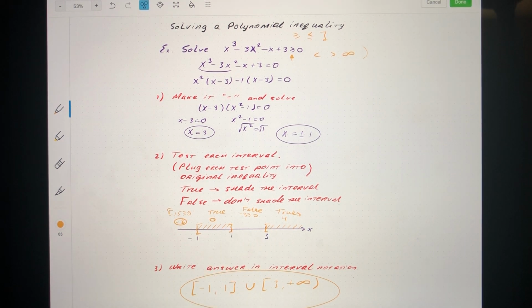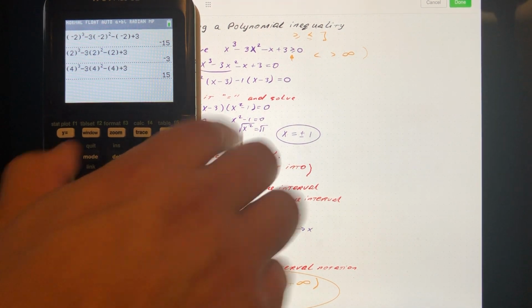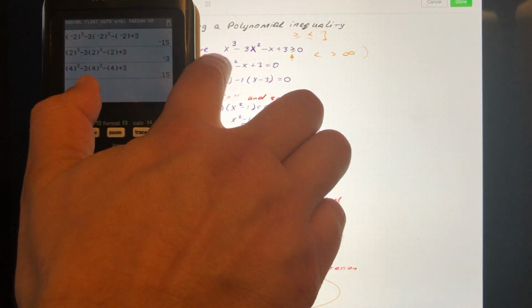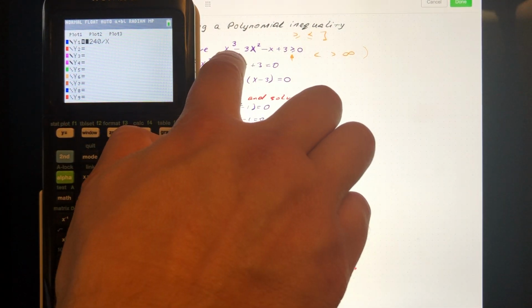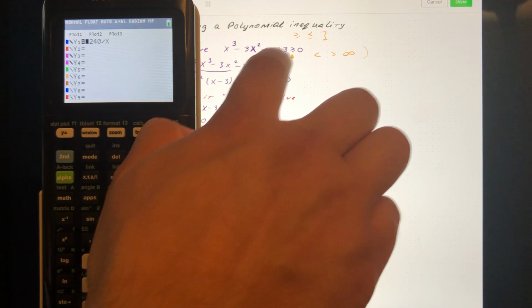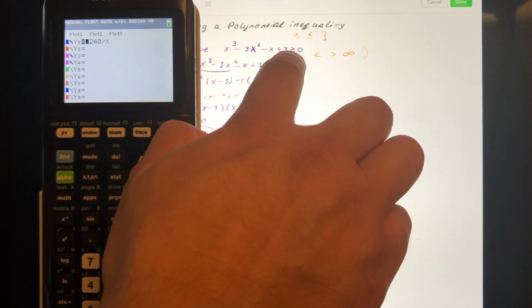Now we can also use the calculator to visually see this, because we can make an equation, we can sketch the picture of it, and we are looking for all the places where this expression is above the x-axis.